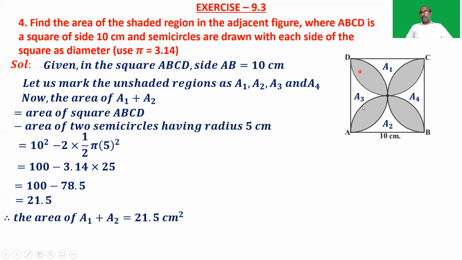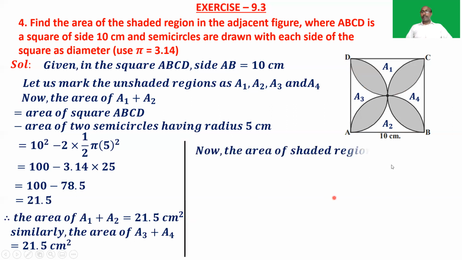Similarly, the area of A3 and A4 is also equal to the area of square ABCD minus the areas of semicircles built on sides CD and AB. So similarly the area of A3 plus A4 is the same, 21.5 centimeters squared.